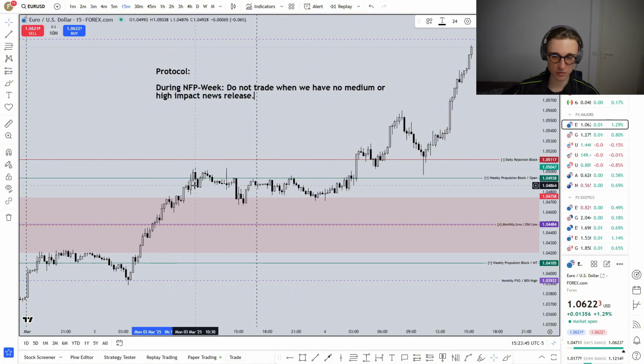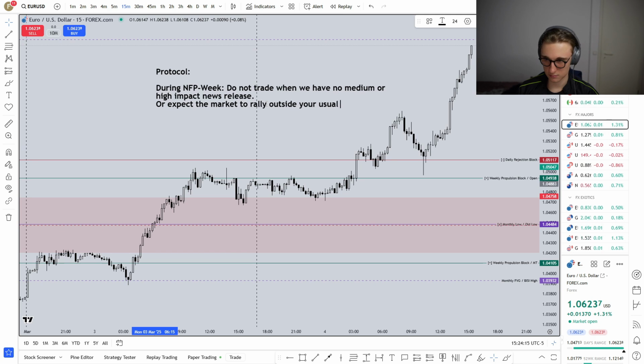And that's basically the protocol, because you will get conditions like these, or expect the market to rally outside your usual kill zones.